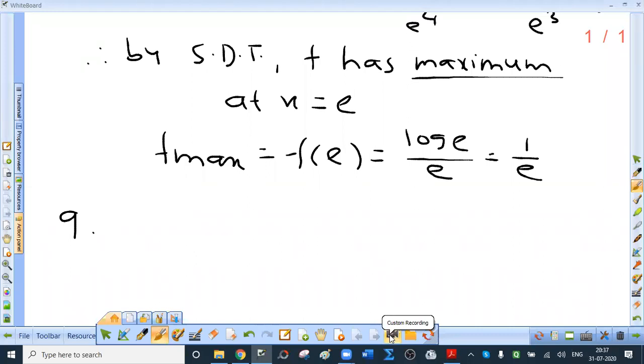Let the first part of 20 be x. Therefore, the second part equals 20 minus x.